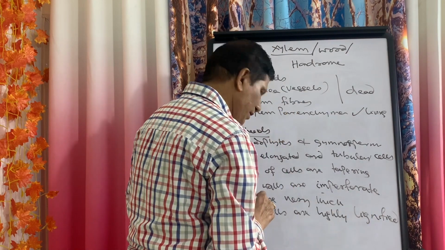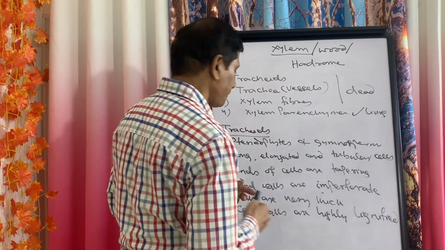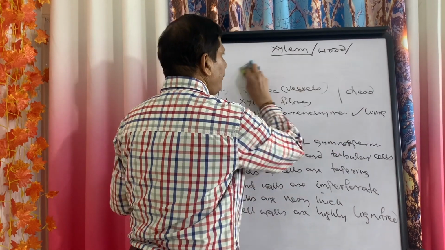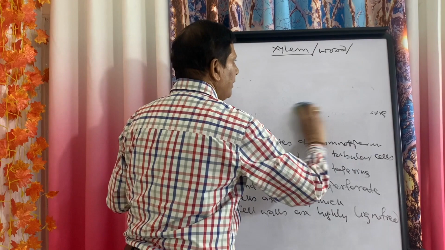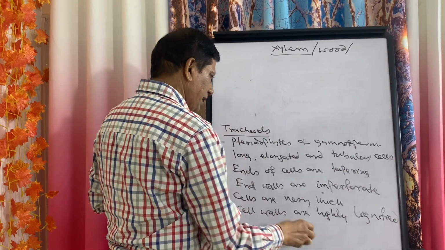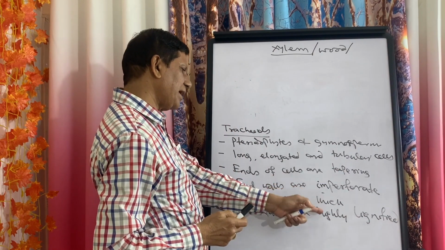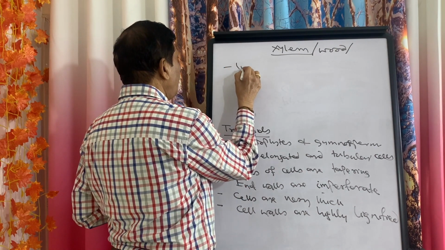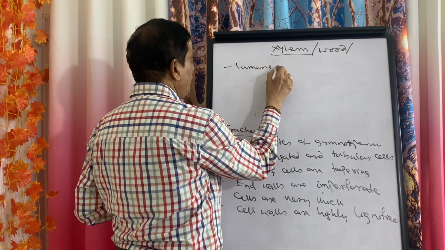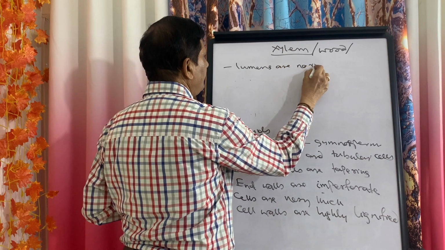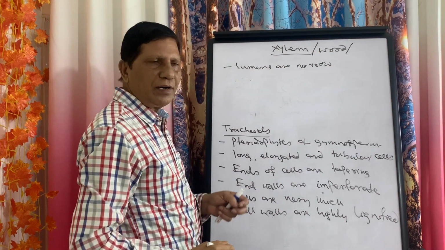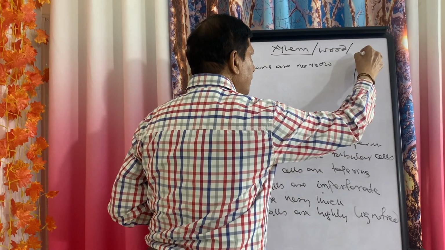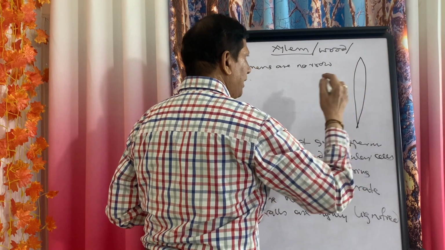Because of this thickness and high lignification, the lumens are narrow. Now if we draw the diagram, the cells will be long, narrow and elongated.